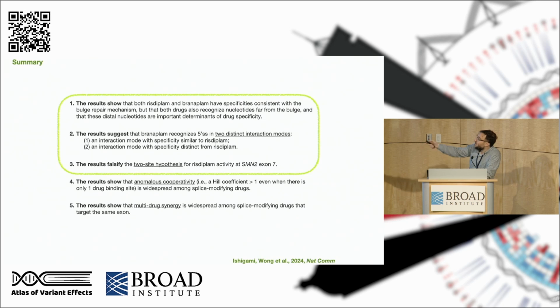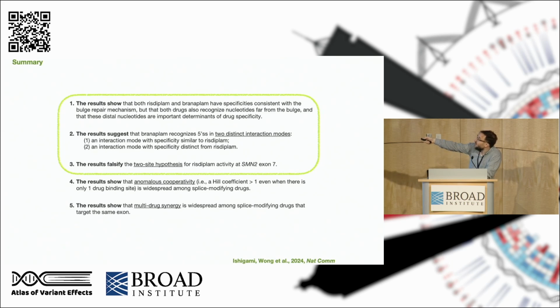We have a number of results. I really want to focus, though, on these three because of time. So we showed, first, that the results actually falsify the two-site hypothesis for risdiplam activity at SMN2 exon 7. There is no second functional site. Instead, the results suggest a different model that explains why branaplam is less specific.